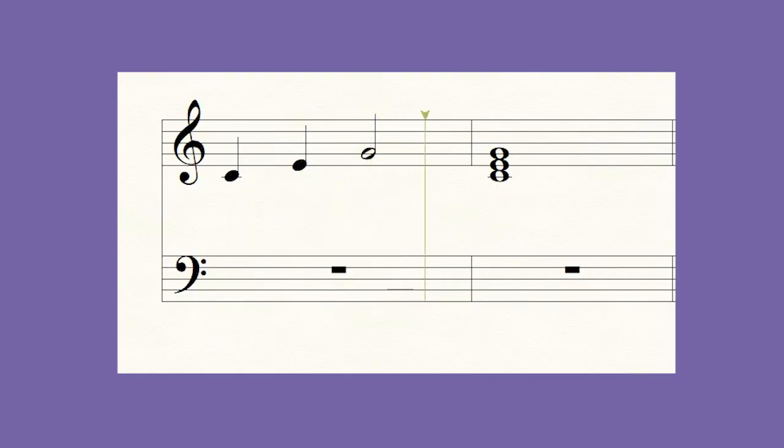They're basically stacking the interval of a third. So you have a major third and then a minor third. That makes a major triad. If you have a minor third and then a major third, that makes a minor triad.